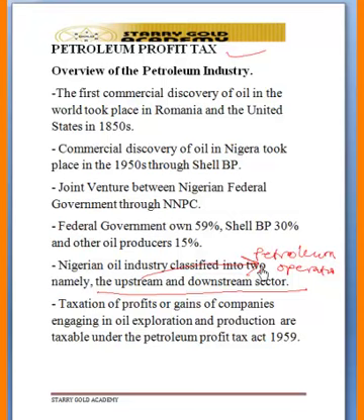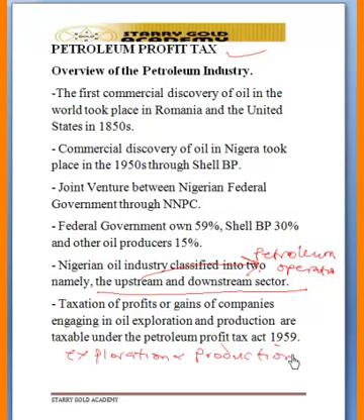And there are companies that are engaged in these activities. These companies are called E&P companies, Exploration and Production Companies. Examples are Shell, BP, Mobil, ExxonMobil.